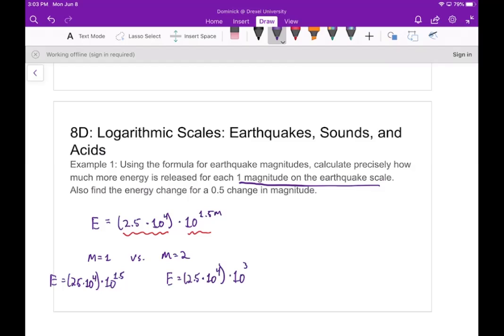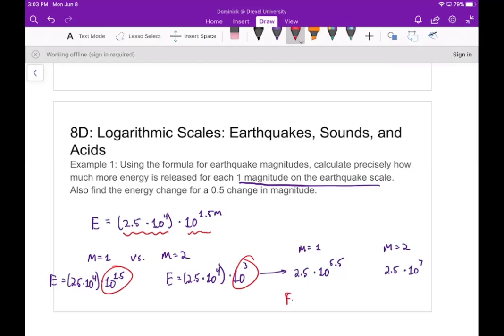So when m equals 1, we're going to get 2.5 times 10 to the 5.5, once we add those exponents. And for m equal to 2, we're going to get 2.5 times 10 to the 7. And of course, the only thing that's going to change is this factor of 10, and it's going to go up by 1.5 each time.